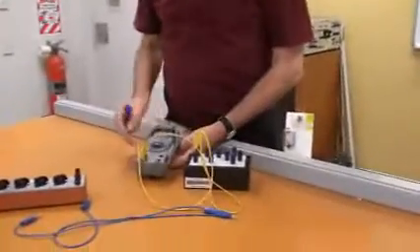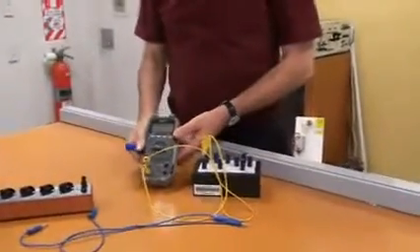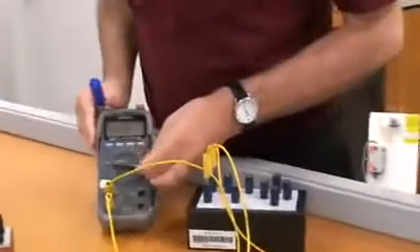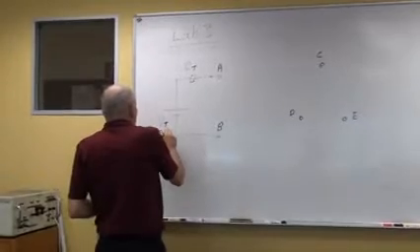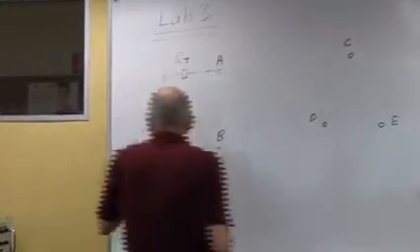Here is the first thing you have to do, which is simply measure the voltage across the open circuit. So you set the meter up to be volts, and you merely measure what it says, and it says 9.23. So that actually is VT. The open circuit voltage is what you've just measured, 9.23 volts. So we did that.